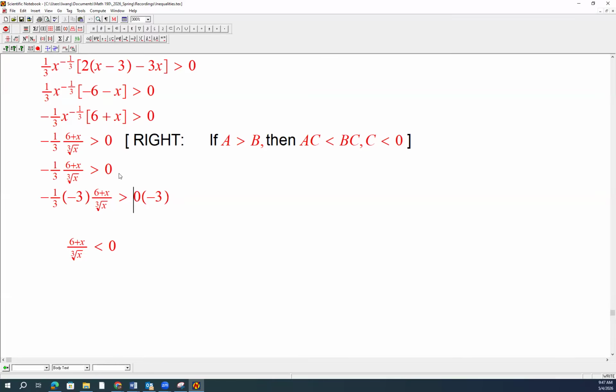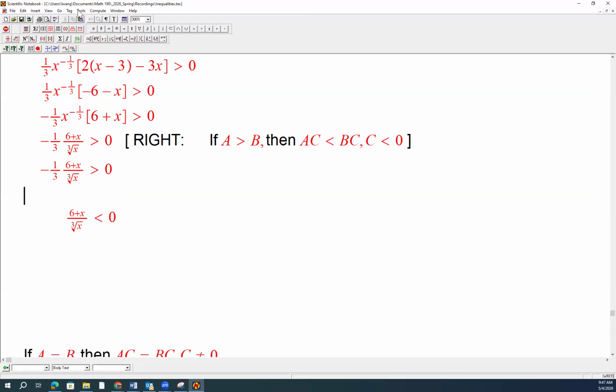So if you choose to show work like this, please switch right there because it's happening at the same time you're multiplying by negative 3. So for those of you who tend to make this kind of mistake, you can just omit this step altogether. You don't have to show that step. If you show that step, show it right.